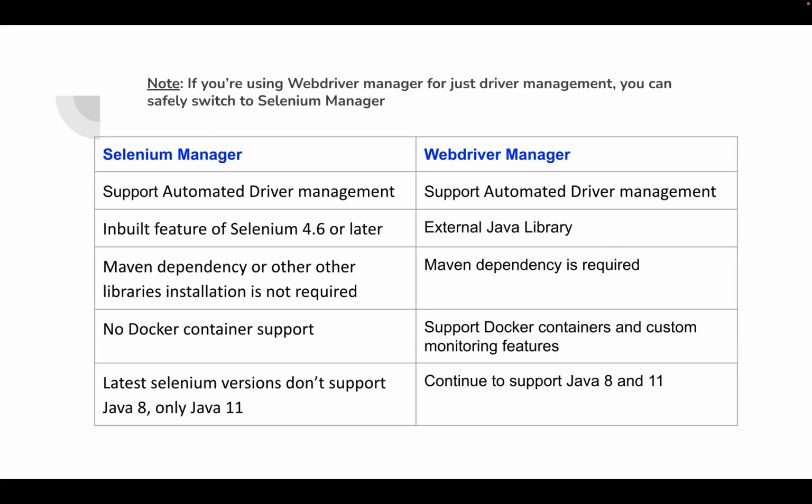Once saved in the cache, it is going to reuse it again and again until the browser version is upgraded. If the browser version is upgraded, it's going to download again and overwrite it in the cache. This is the same mechanism as Selenium Manager.